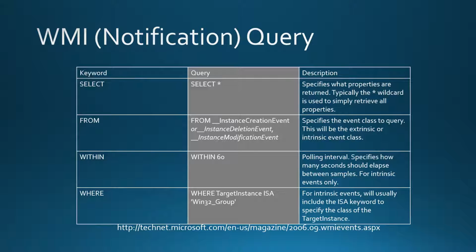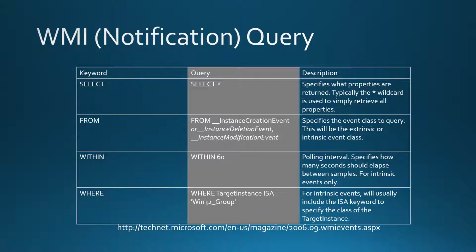If you look closer at the WMI query, it starts with a SELECT *. It's the same as in a SQL query. It will return all properties, and the event class we are monitoring is the instance creation event class. And if there are any target instances created from type Win32_Group, then an event is generated.